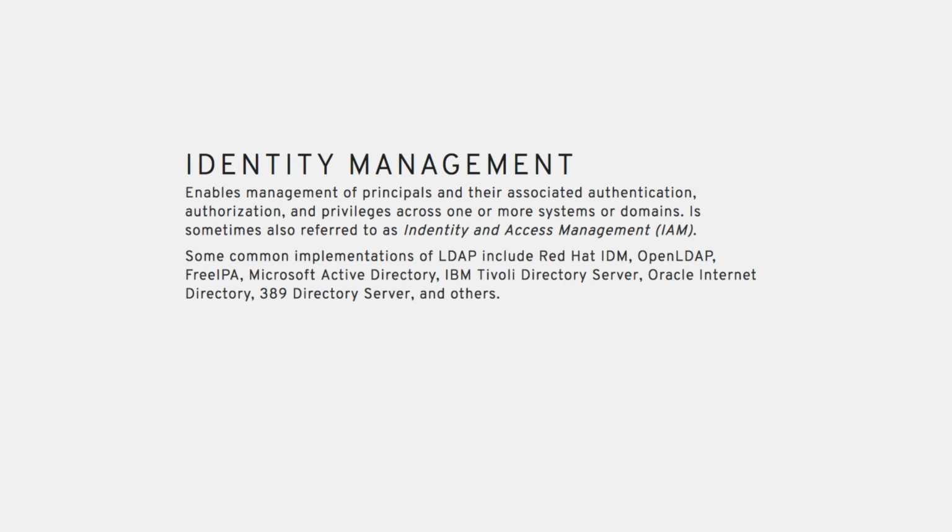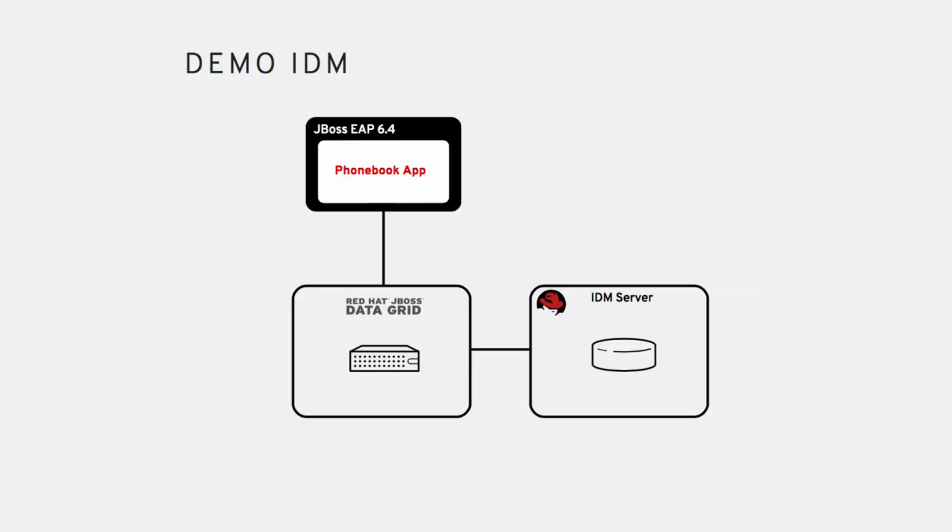Some common implementations of LDAP, which is the most commonly used identity management, include Red Hat IDM, OpenLDAP, FreeIPA, Microsoft Active Directory, IBM Tivoli Directory Server, Oracle Internet Directory, 389 Directory Server, etc.